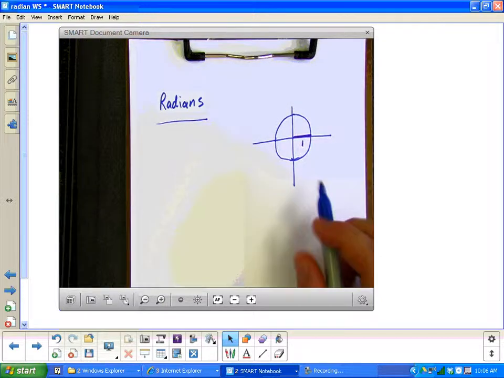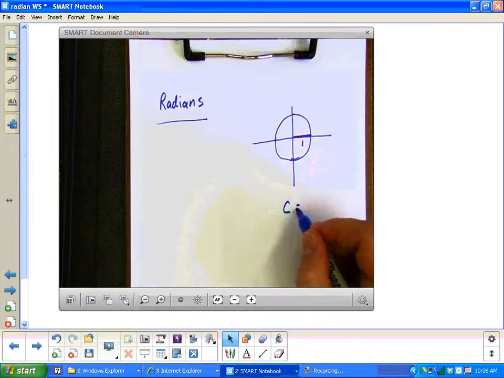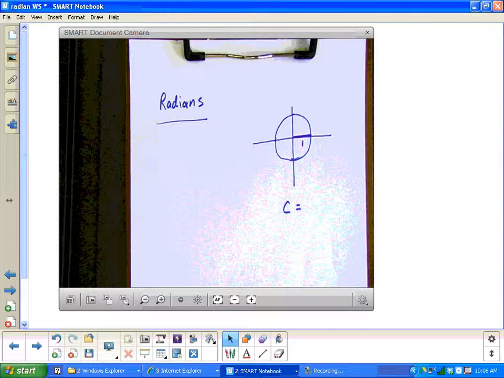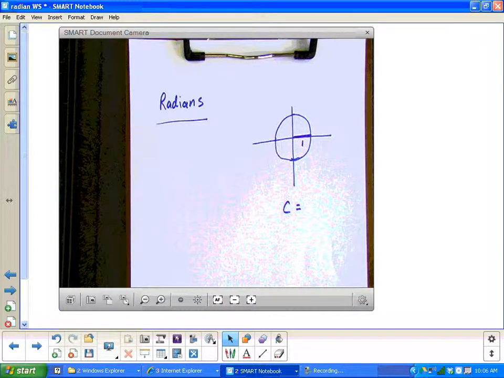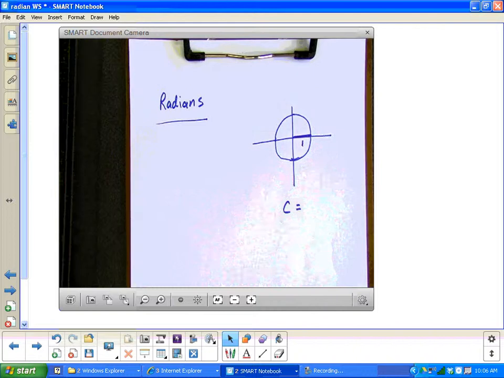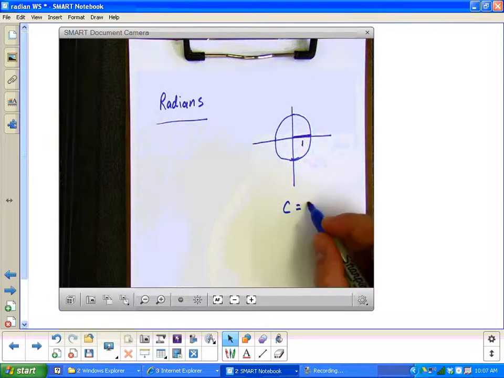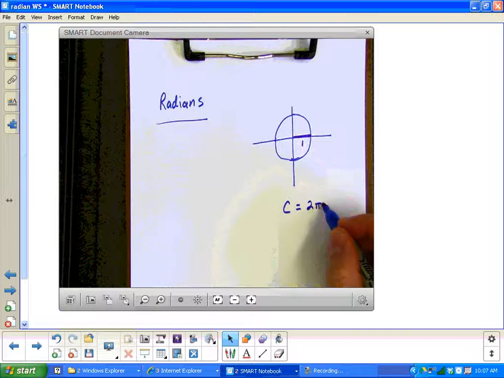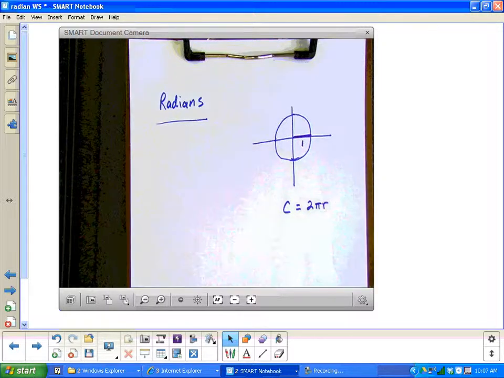Circumference. Okay, the formula for circumference, a lot of people tell me it's pi r squared. That's area. Okay, circumference is 2 pi r, or you could say pi times d, pi times the diameter.